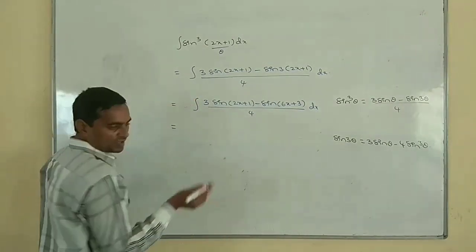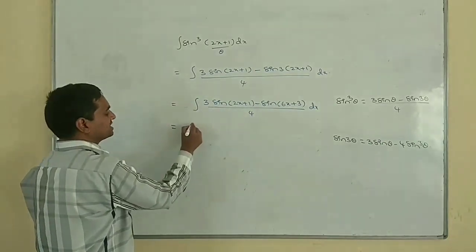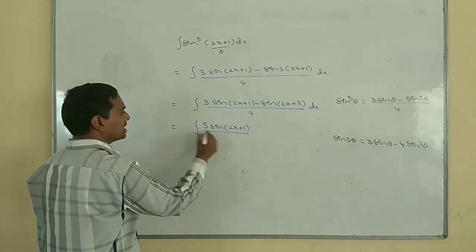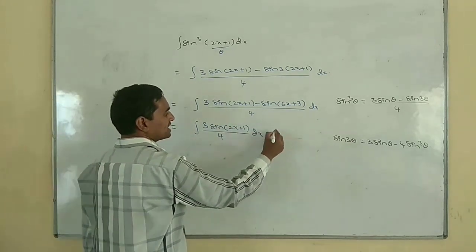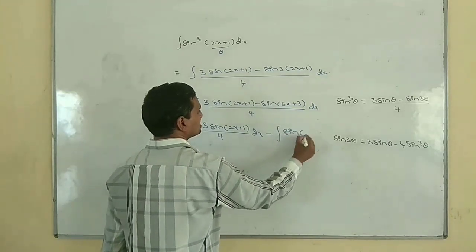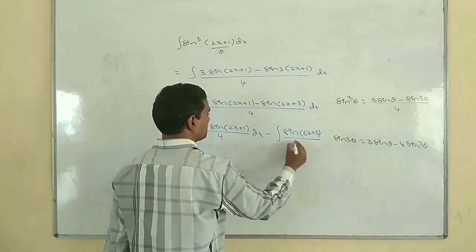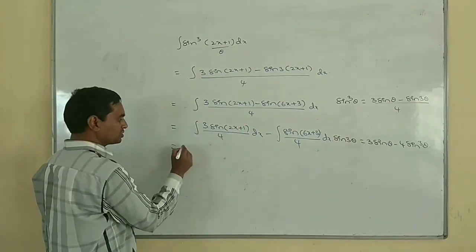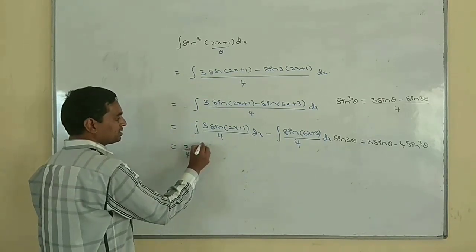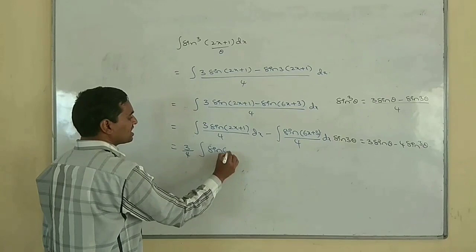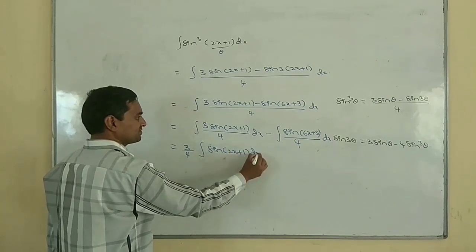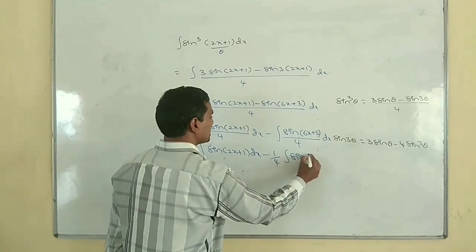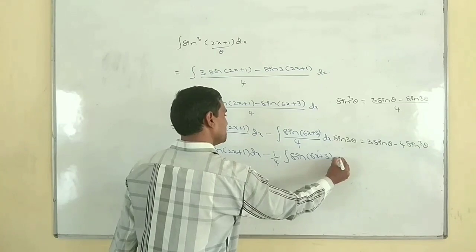Now this 4 you can write outside: 1 by 4 times integration of 3 sin of 2x plus 1 dx minus integration of sin of 6x plus 3 dx. Now here 3 by 4 is totally constant, written outside, remaining integration of sin of 2x plus 1 dx, minus here 1 by 4 constant, integration of sin of 6x plus 3 dx.